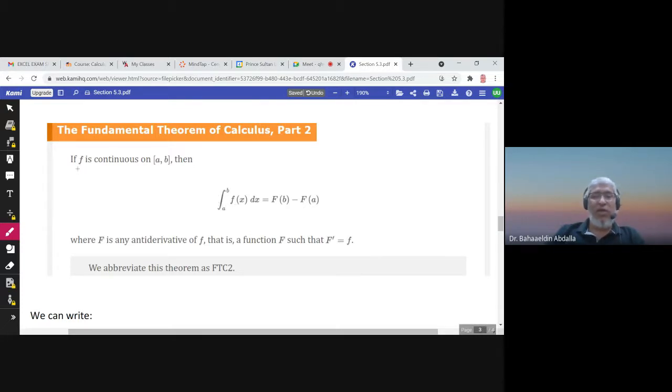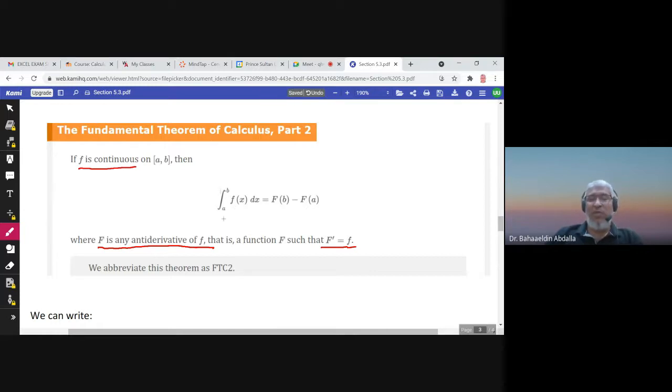So here, again, remember an important condition: f should be continuous on the closed interval AB. So the integral of the derivative of f is capital F of b minus capital F of a, where capital F is an antiderivative of small f, which means that capital F prime equals small f.